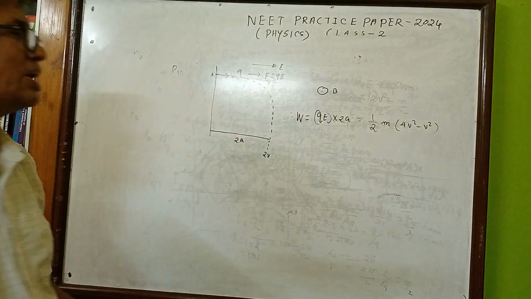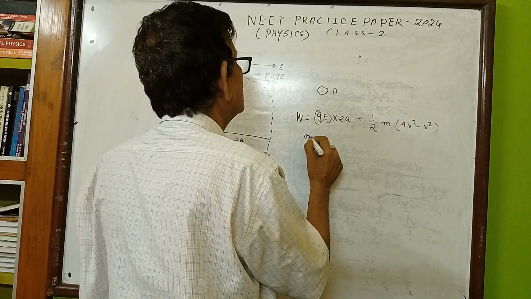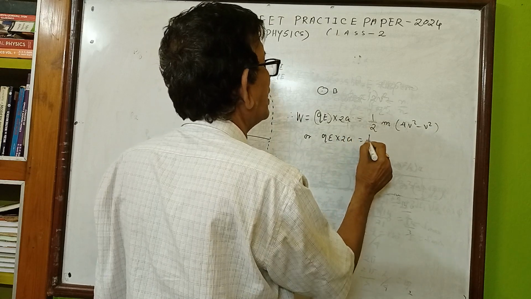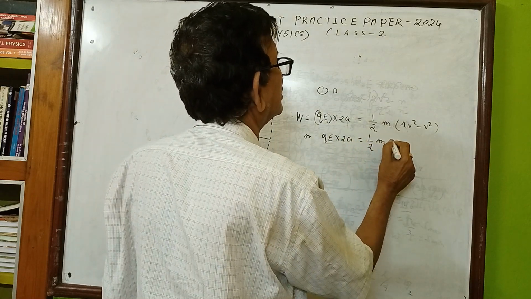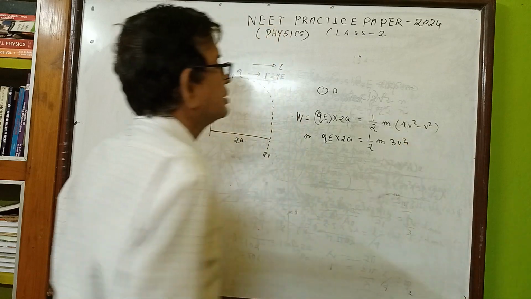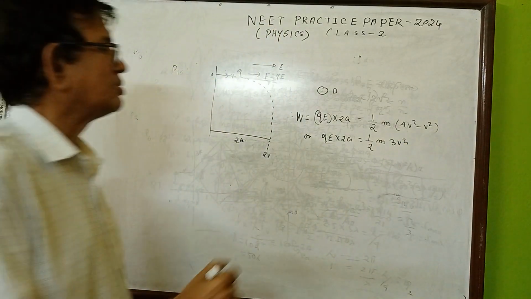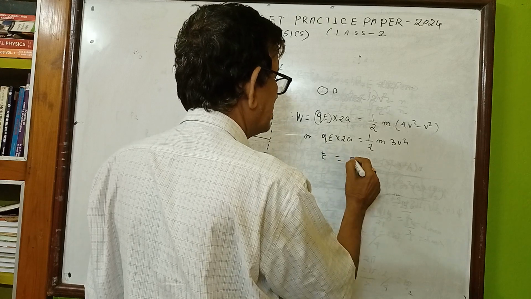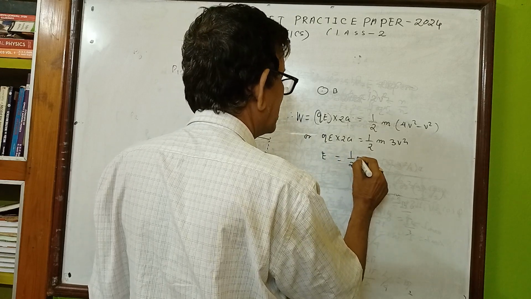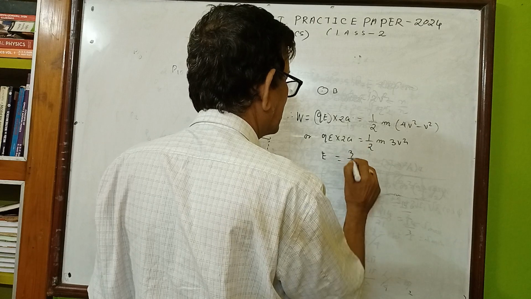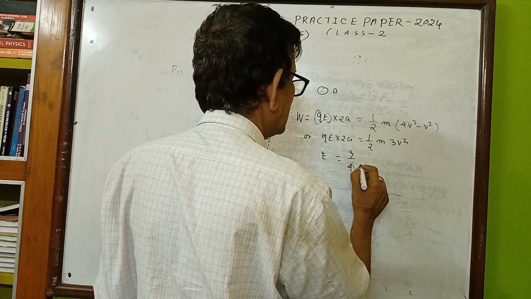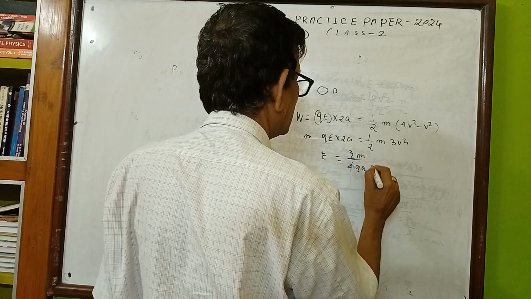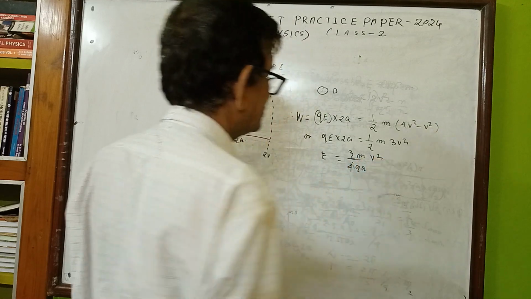Work done equals change in kinetic energy. So you are getting QE into 2a equals half m 3v square. Clear? From that equation you can easily calculate E equals half 3 by 4, you are getting 3 by 4 m v square by QA.